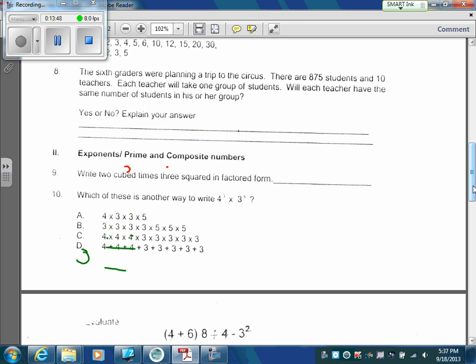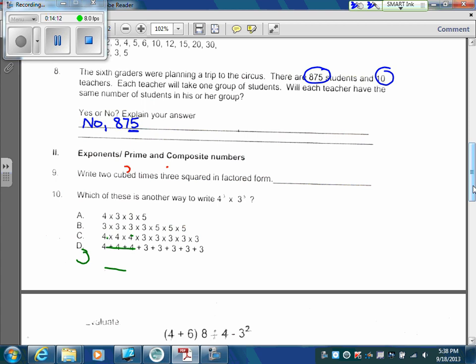Well, on this one, I don't have to do any work because I'm going to look at my 875. They want to take their 10 teachers. If I break up those students, are they all going to have the same number in each of the 10 teachers' groups? I'm going to say no. Because if you look at the number 875, think divisibility.